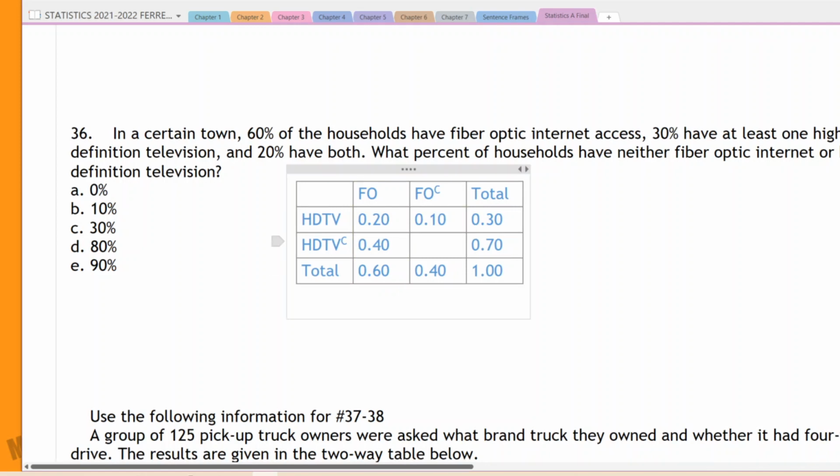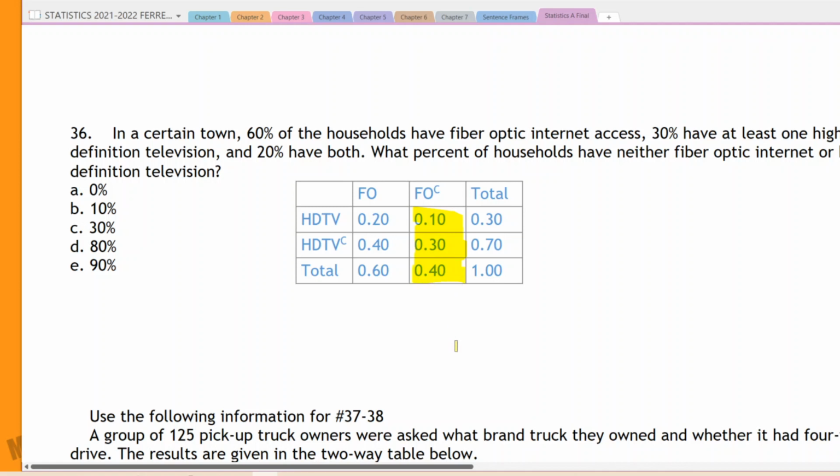And now that I have those three filled in over here, this should make sense for the, let's do it for the high definition television. 40% who have fiber optic and high definition television plus this number that has no high definition and no fiber optic, those two need to add up to 70%. So the missing number here has got to be 30%. And you'll know you did it right because this column also makes sense. 10% plus 30% is equal to 40%.